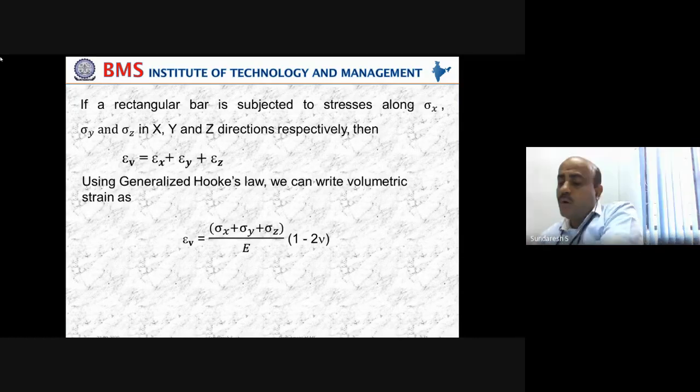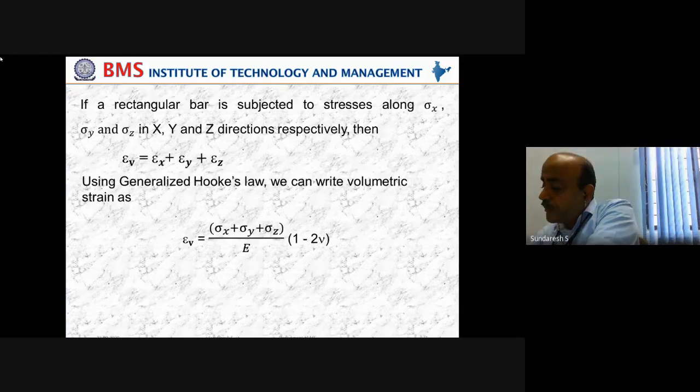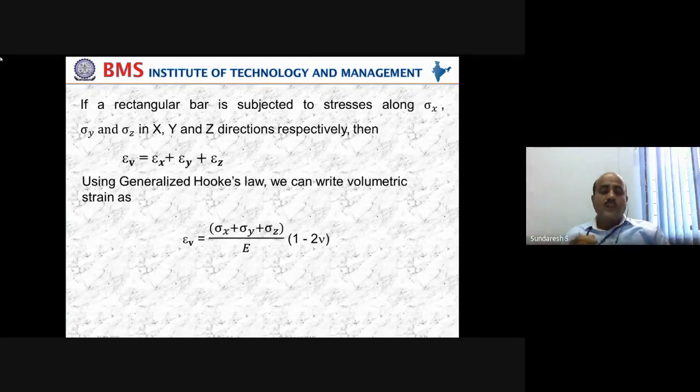We substitute sigma x, sigma y and sigma z equal to sigma. Then the numerator term will become 3 times sigma, am I right?